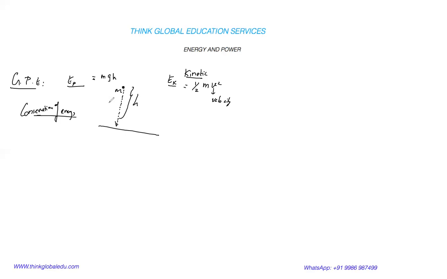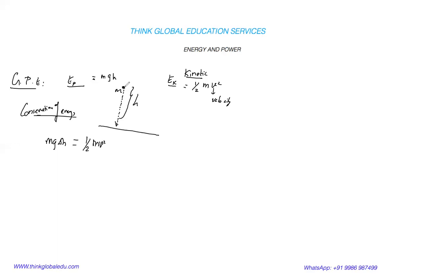That is, the object which is at a height h falls. So the height is changing with time. So what we can represent is mg delta h is equal to half m v squared. That is, at this position, the position h from the surface of the Earth, the object has the highest potential energy.